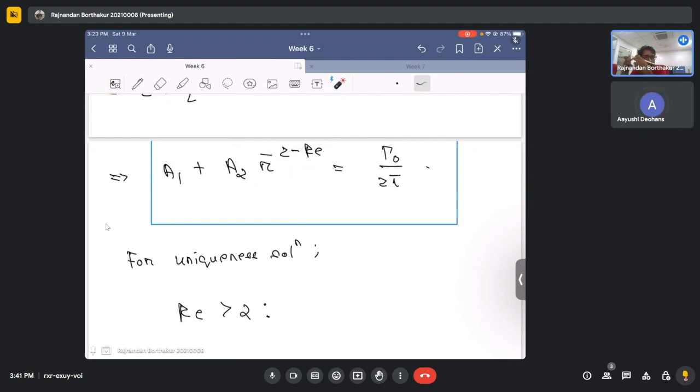So we have one boundary condition and two unknowns A1 and A2, which means for Re greater than 2, we will have infinitely many solutions. Did you understand? Yes, infinitely many solutions.